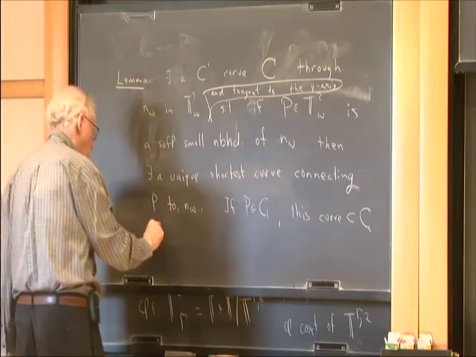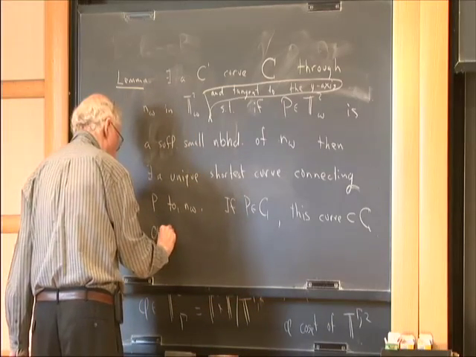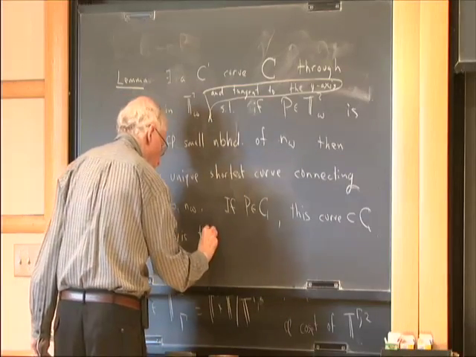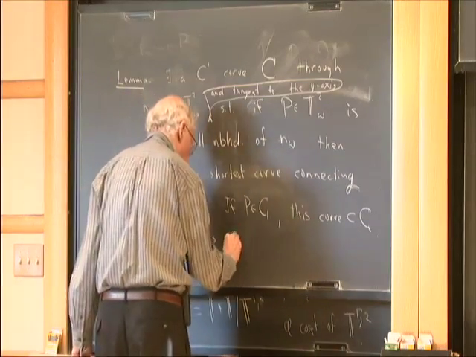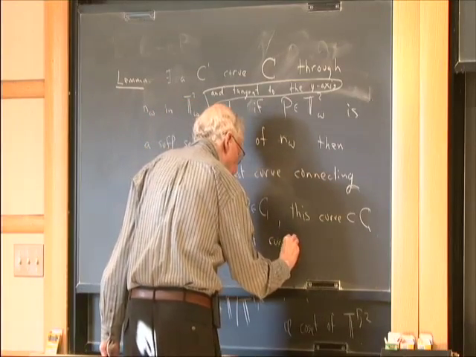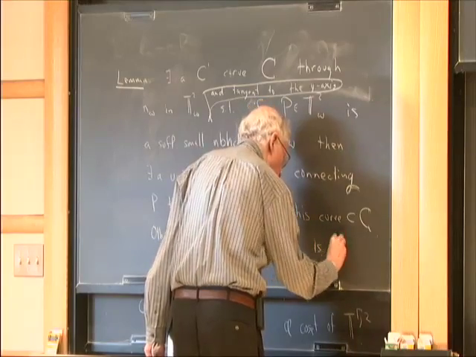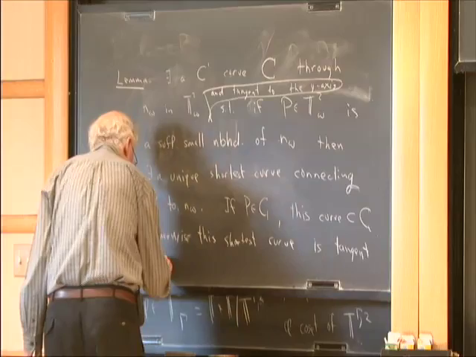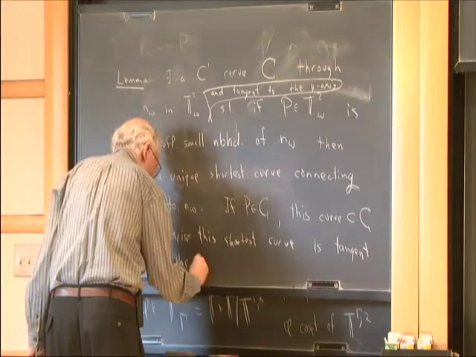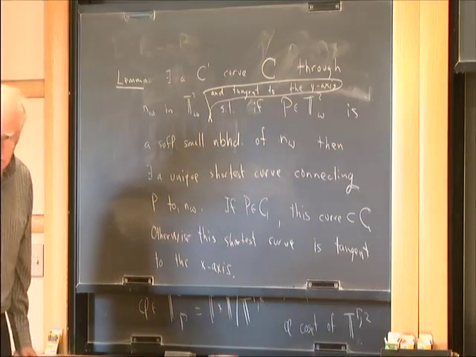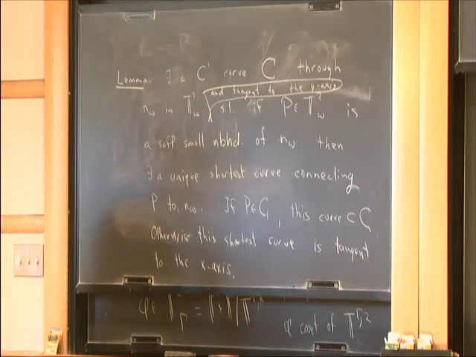And otherwise, the shortest curve is tangent to the x-axis. What do you mean by if P belongs in C, that this curve is contained in C?